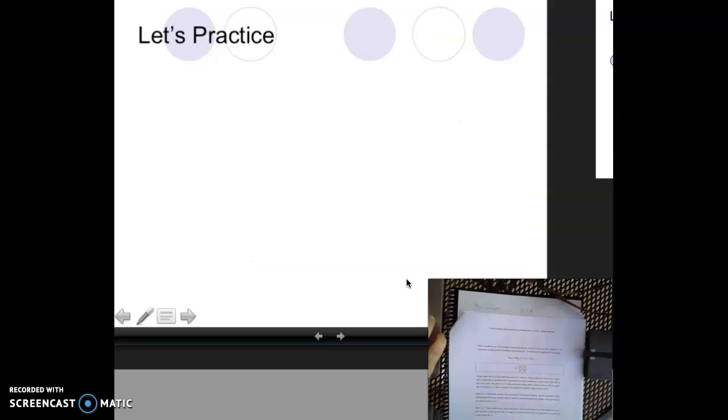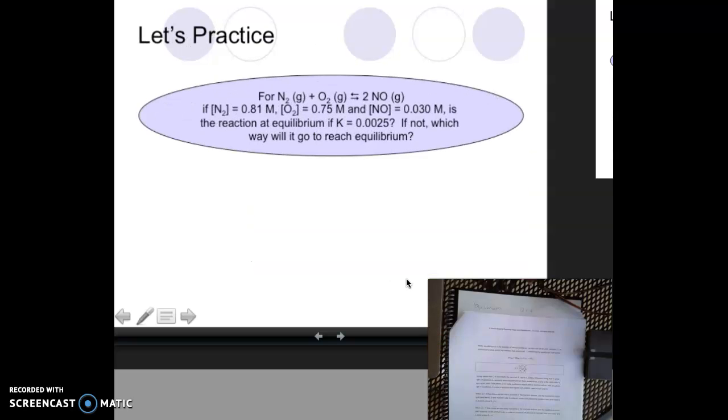And so let's try this out. Here's a sample problem for you. For the reaction of nitrogen plus oxygen in equilibrium with nitric oxide, NO, we're given a set of molarities for each of the substances, and the value of K. The question is, is this reaction at equilibrium if K is equal to 0.0025?